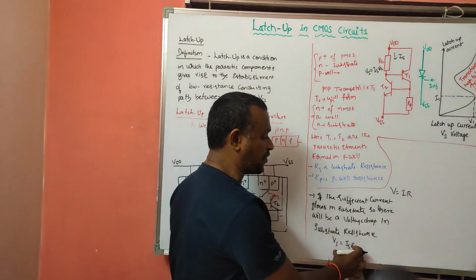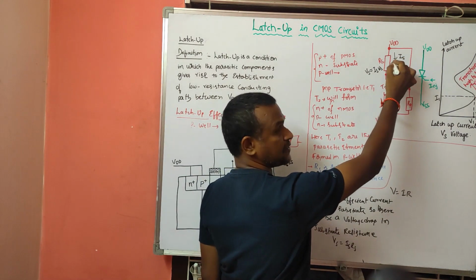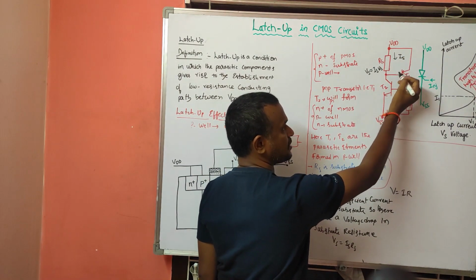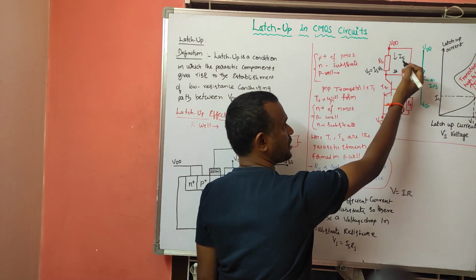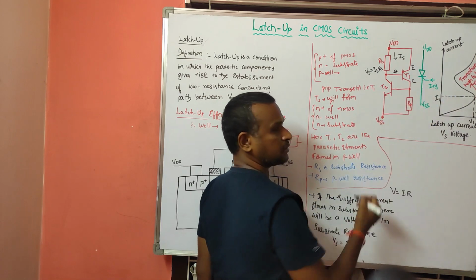This voltage drop across this resistor is connected with the transistor T1 base. This one is the emitter and this one is the collector.